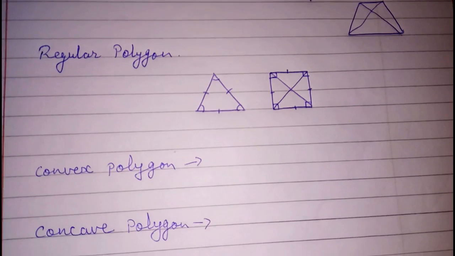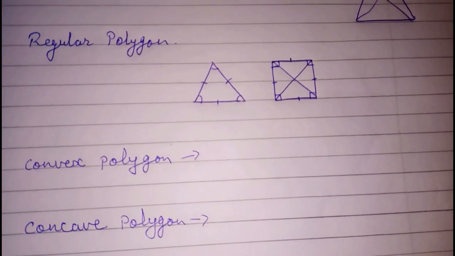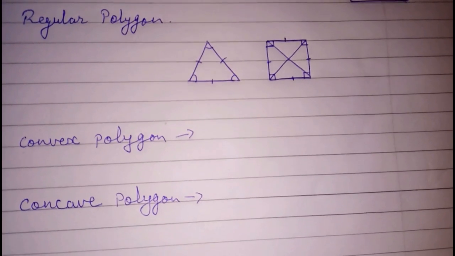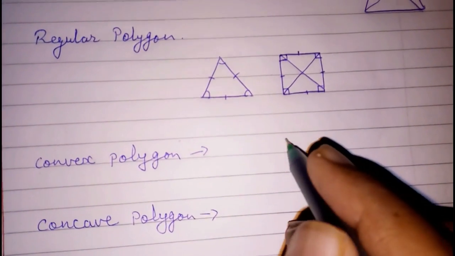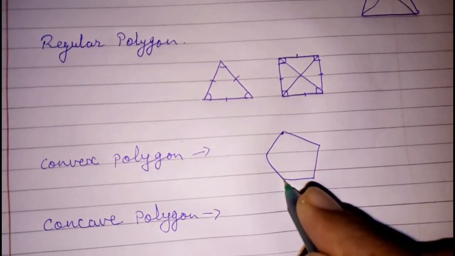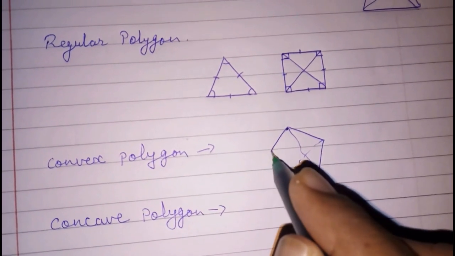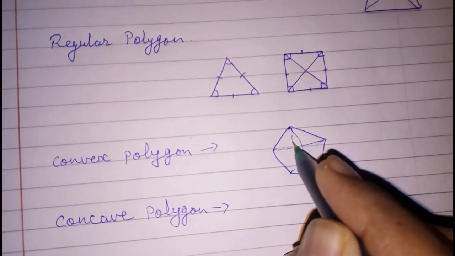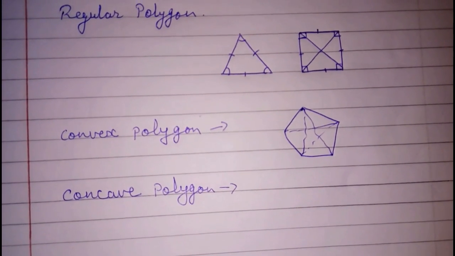And if the diagonals are going outside the figure, then we can say that it is a concave polygon. I am doing one example, look here. All the diagonals will be inside that figure, so we can say that it is a convex polygon.